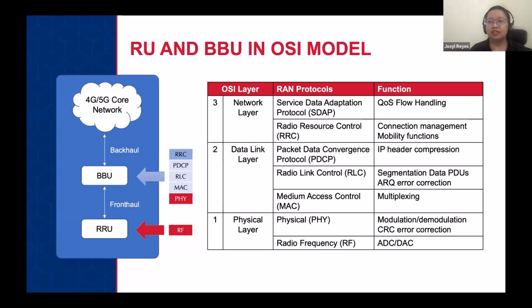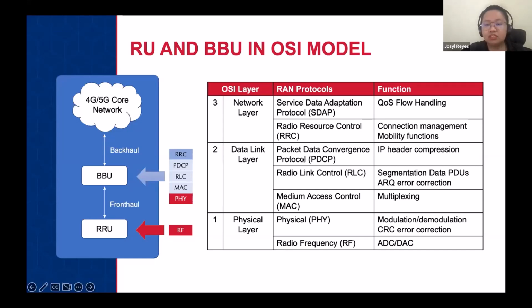So more on the conversion between analog and digital. The PHY layer here, the high physical layer, is more on modulation, demodulation, error correction, and MAC layer, multiplexing, the radio link control, more on segmentation, error correction, and automatic retransmission request.